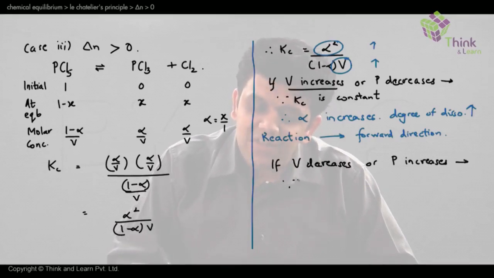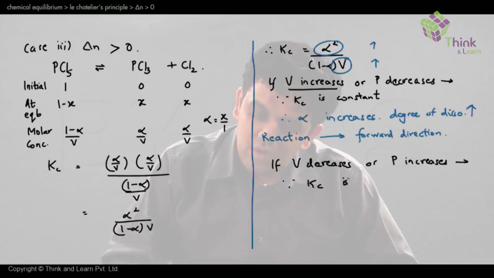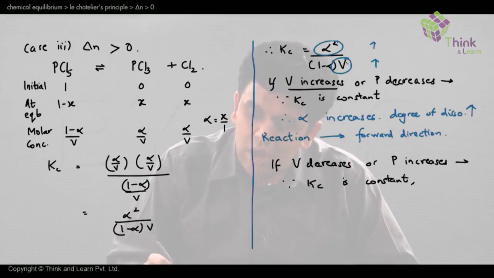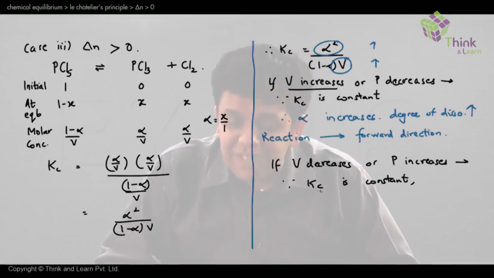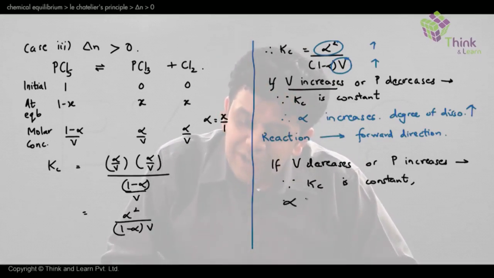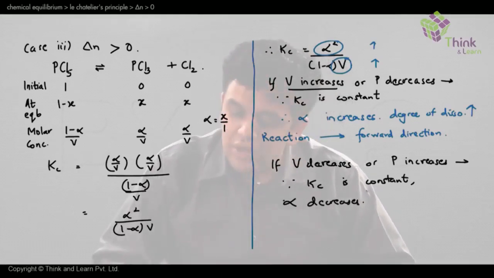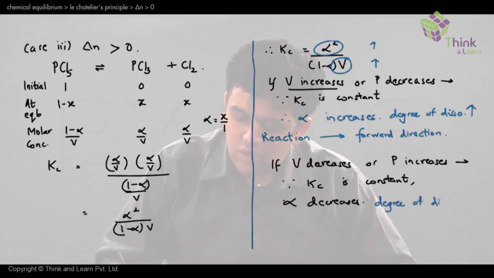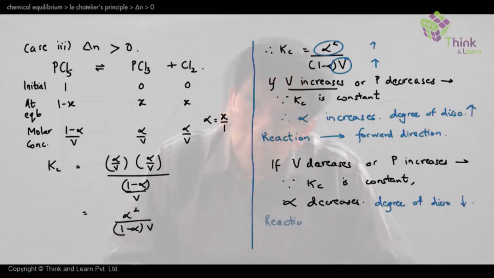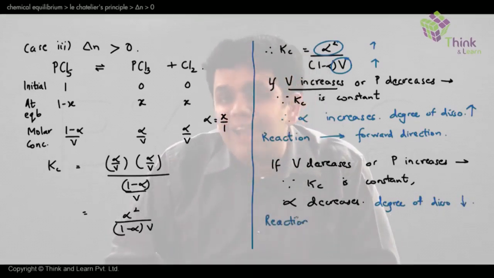Now since Kc is constant, in this case what has happened is volume has decreased, so alpha also has to decrease. Now degree of dissociation has decreased. Now if degree of dissociation has decreased, then the reaction will proceed in the backward direction.